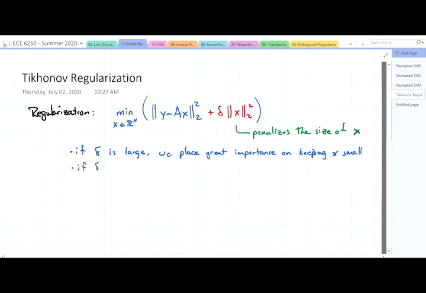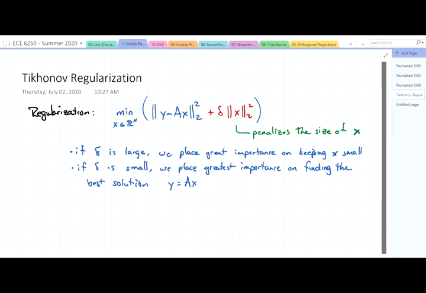And of course, if delta is small, we really don't care much about the size of x. Instead, we place greatest importance on finding the best solution to our fundamental equation y equals Ax.